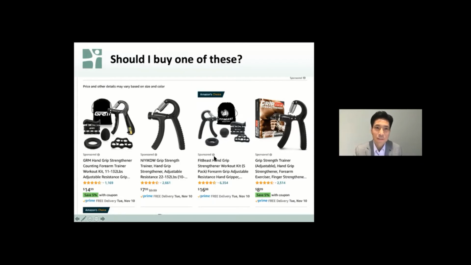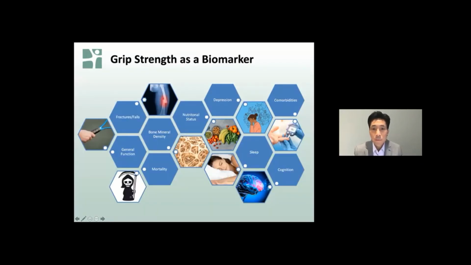All right, so moving on here, grip strength, interestingly, is often used and can be thought of as a biomarker. What I mean by this is, if you look at this slide, there are so many things that grip strength can represent.